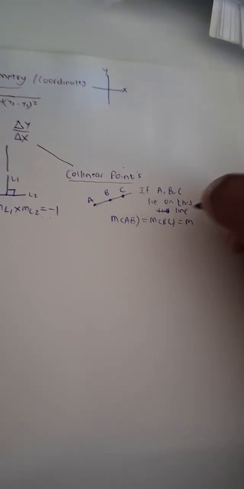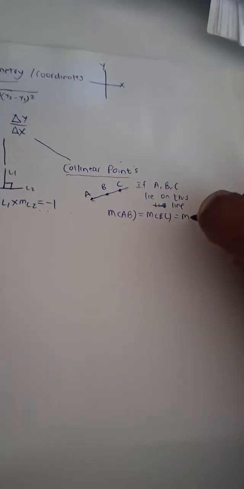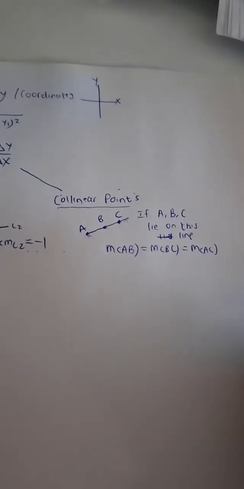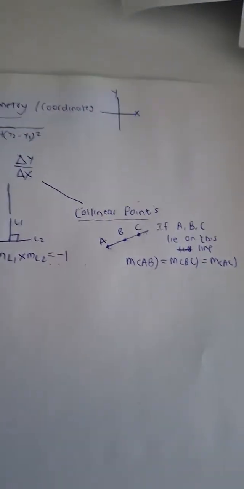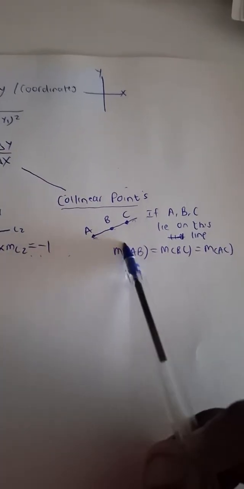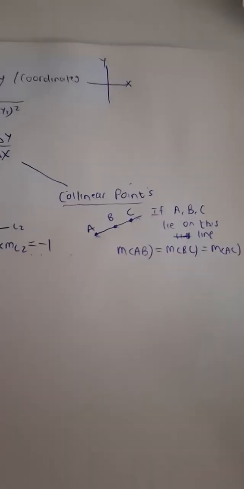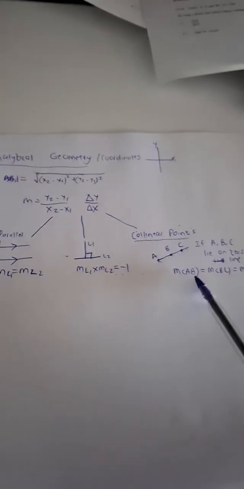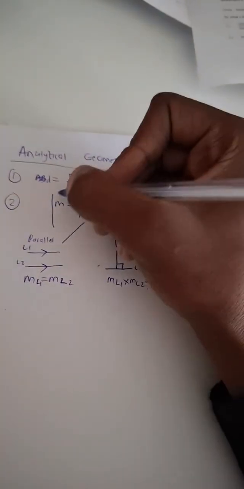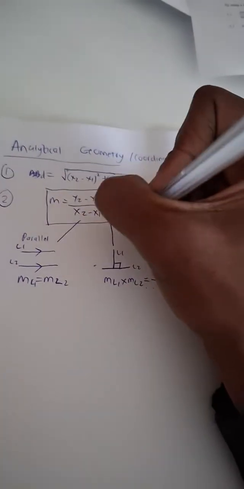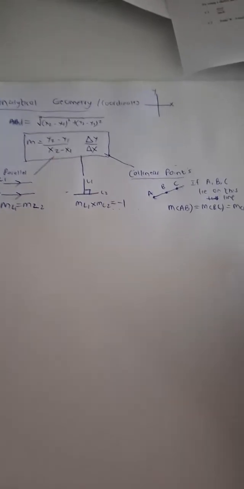And in actual fact, it's also equal to the gradient of A all the way to C. So if they say to you, ABC is collinear, then you are to understand that collinear points have equal gradients. So these are important concepts underneath the concept of gradient. When you have these concepts very well understood, then you are the main guy.